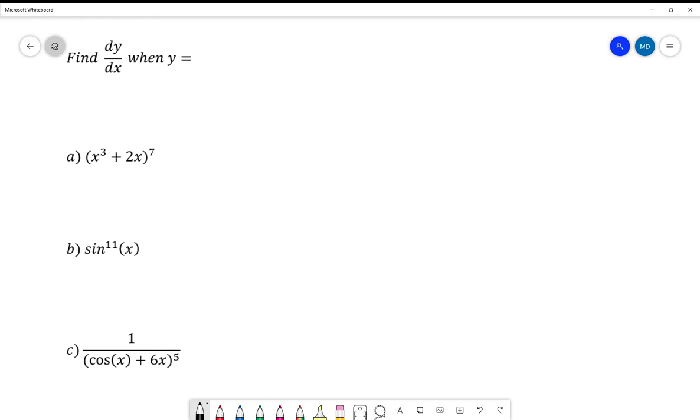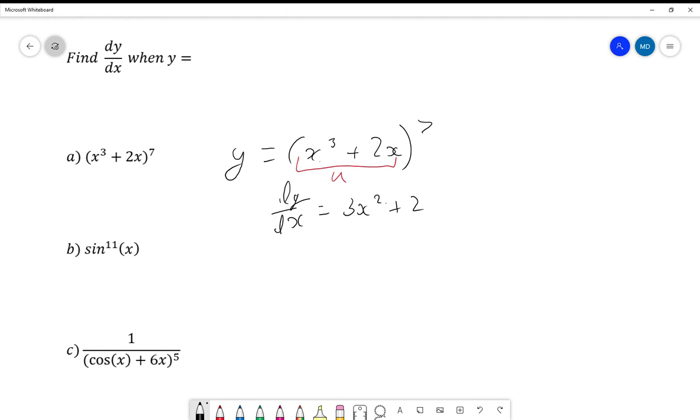Okay, off we go. So we have y equals (x cubed plus 2x) to the 7. Now we're going to want to do the chain rule here with that as our u, and so we're going to get dy by dx is going to be equal to the derivative of the u, which is 3x squared plus 2, all multiplied by the derivative of the whole thing, which is 7 lots of (x cubed plus 2x) all to the power of 6.